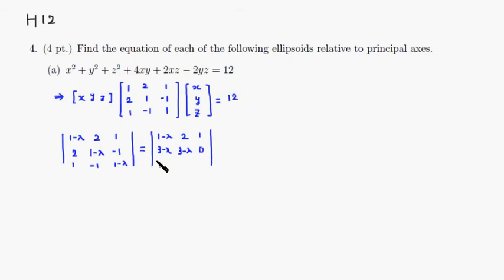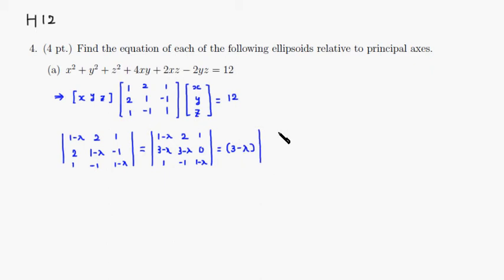Then you have 1, -1, 1 minus lambda. Since the second row has a common factor, we can factor out the 3 minus lambda.